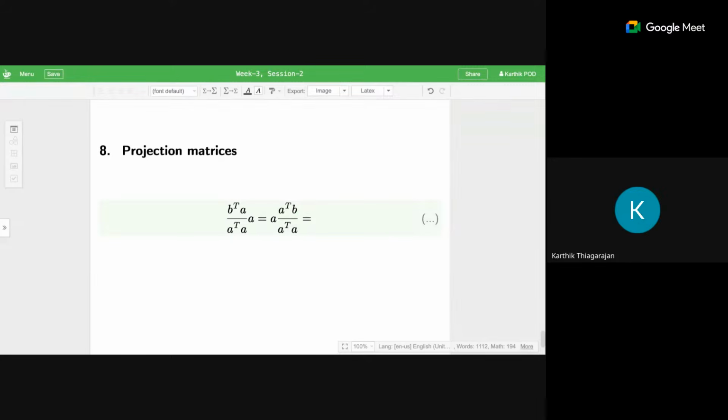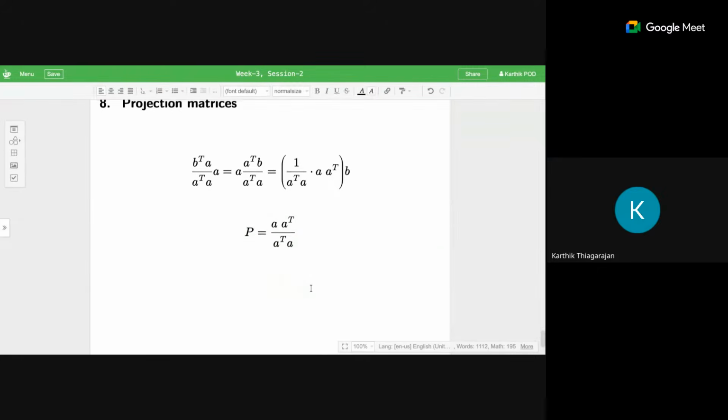So this can be written as 1 by A transpose A into A transpose, the whole thing into B. So you can call this P, the projection matrix.